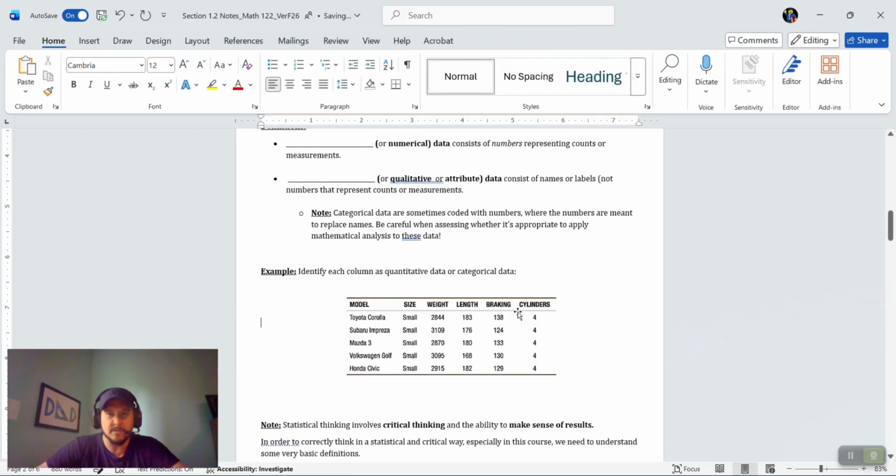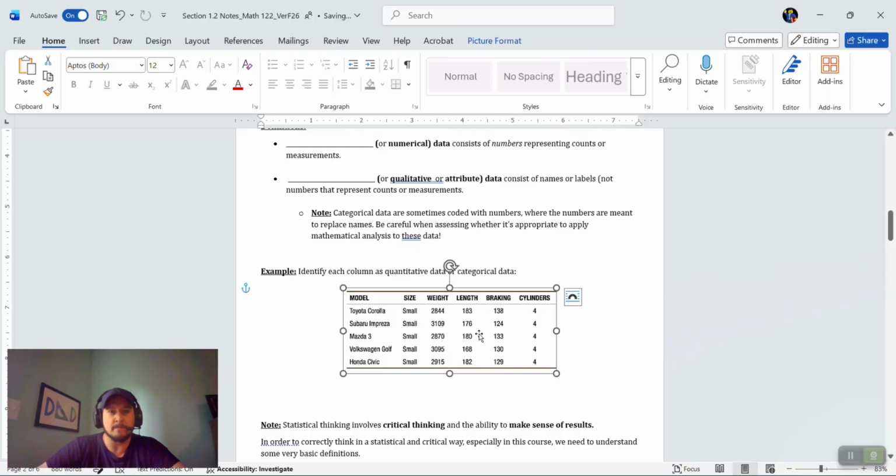So what I'll probably do with my students is just either put Q or C above each column heading. So model car, that would be categorical data because it's basically just names of cars. And then size would also be categorical data because that is a certain type of category.